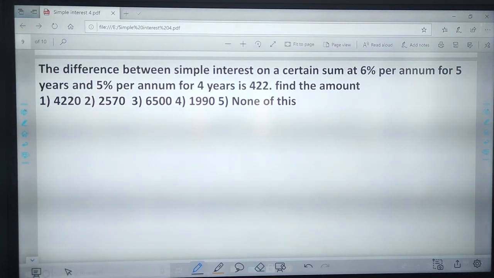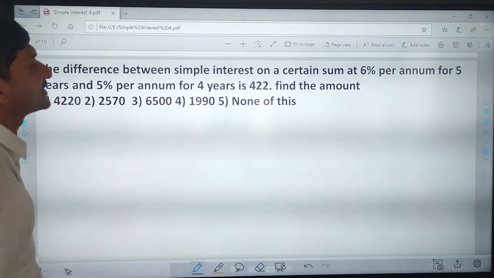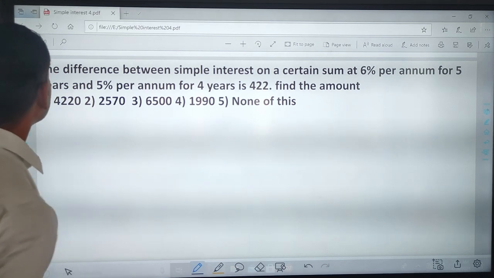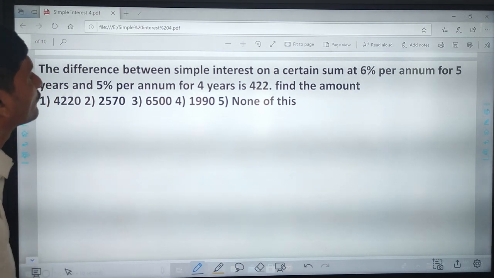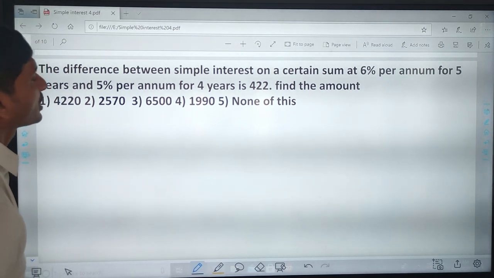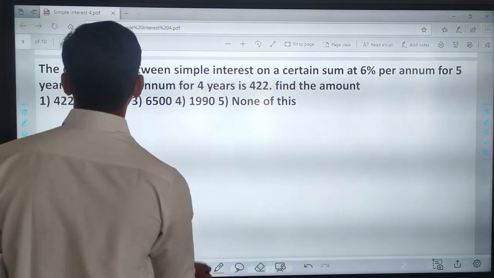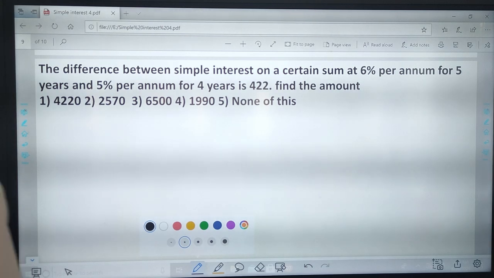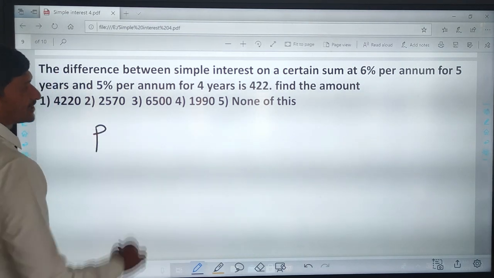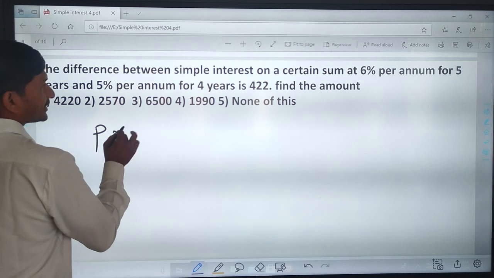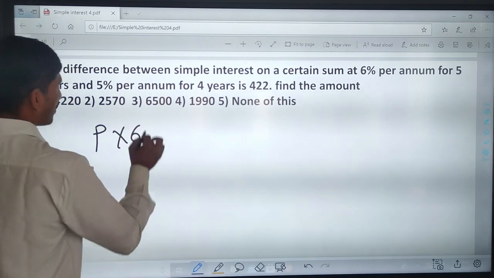The difference between simple interest on a certain sum at 6% per annum for 5 years and 5% per annum for 4 years is 422. Find the amount. Here the sum is P, the interest rate is 6% for 5 years.